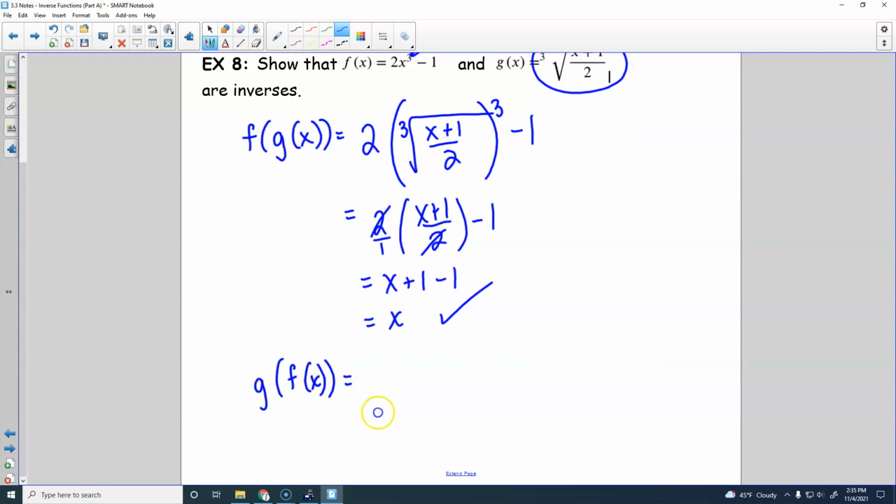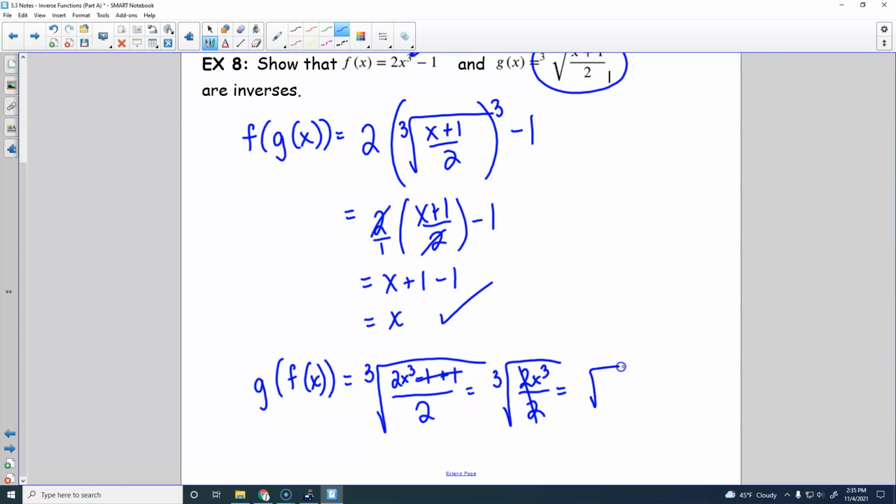So this time we would have the cube root of 2x to the third minus 1, plus 1, over 2. And what's going to cancel first this time? The 1's. So I've got the cube root of 2x cubed over 2. What cancels next?